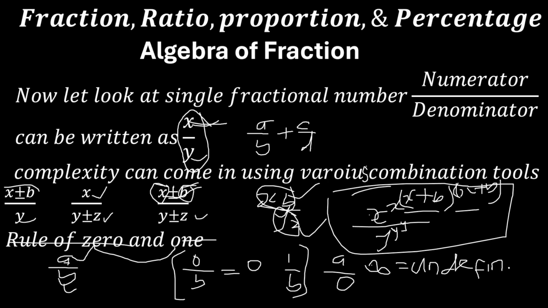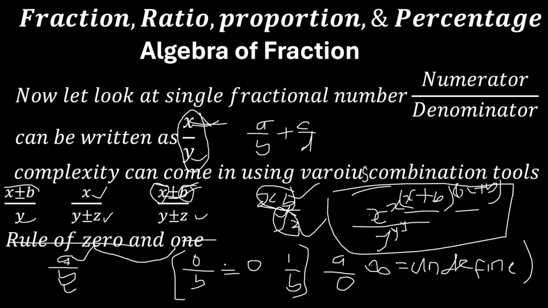And this is one of the major tricks that they use in mathematics: they can give you a particular equation and say find the value of x if the equation is not defined. What they are telling you is to take the denominator, equate it to 0, solve it, and find the value of x in that equation. It's no more than that.